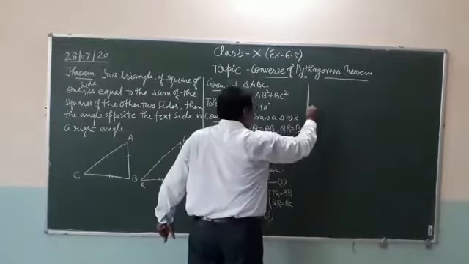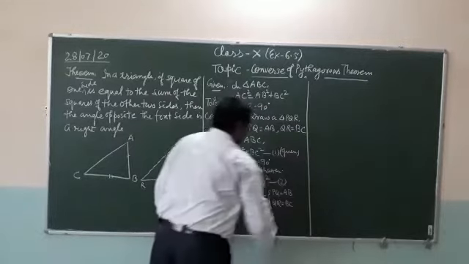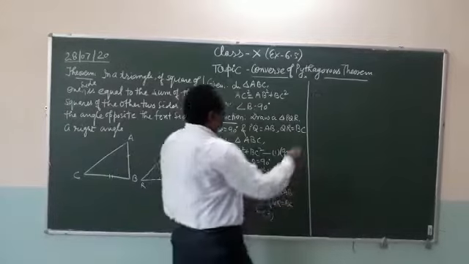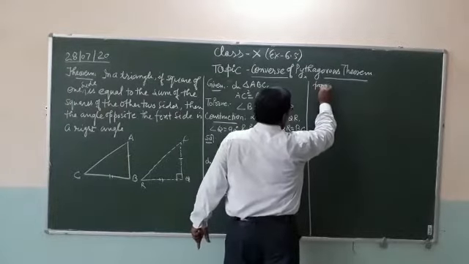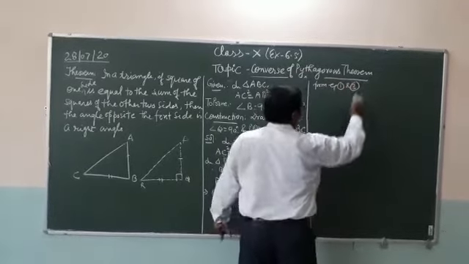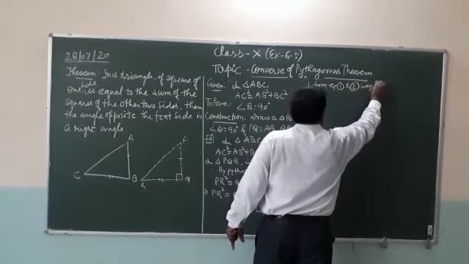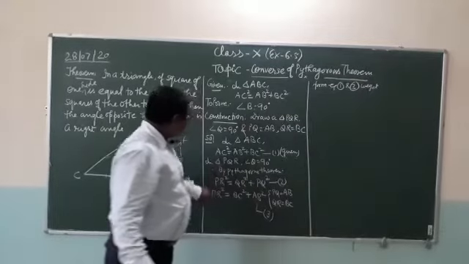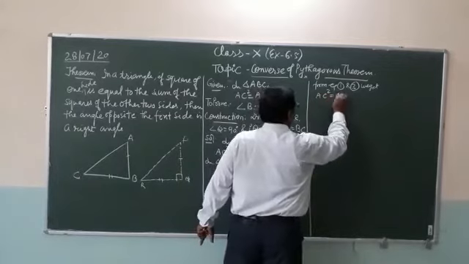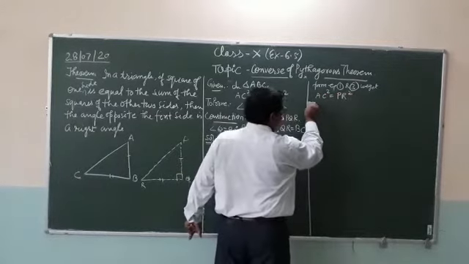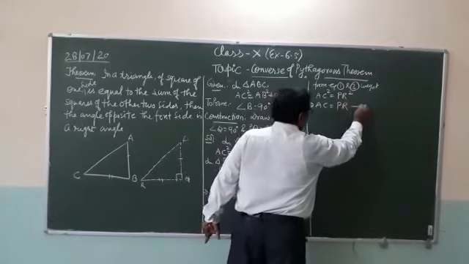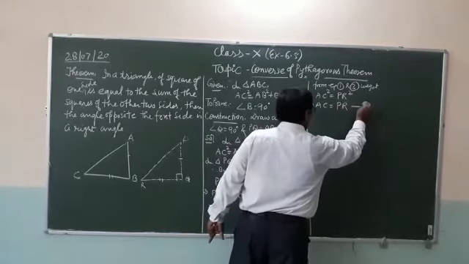Therefore from equation 1 and 3 we get AC square is equal to PR square, and this implies that AC is equal to PR. This is equation number 4.